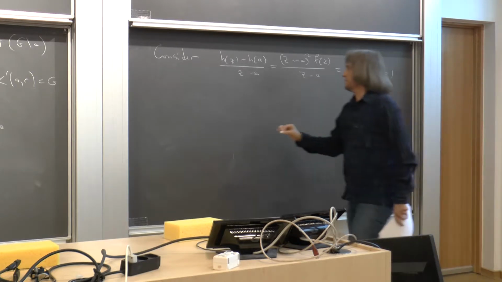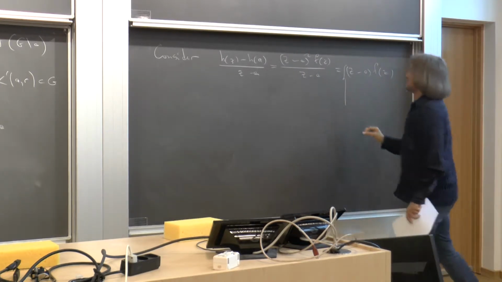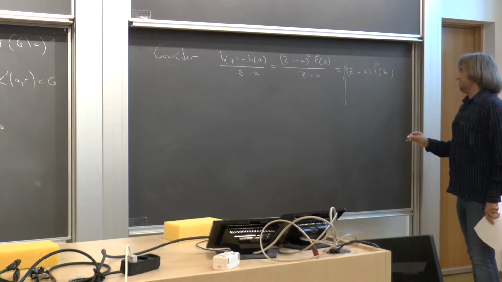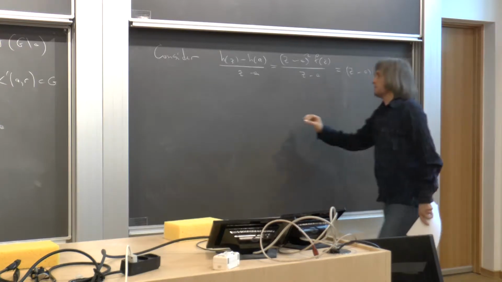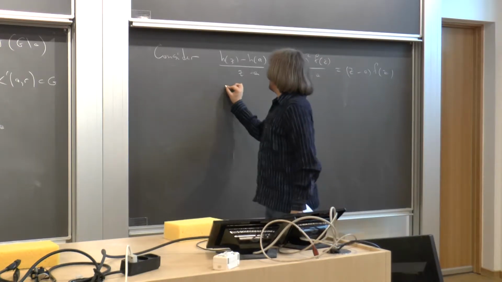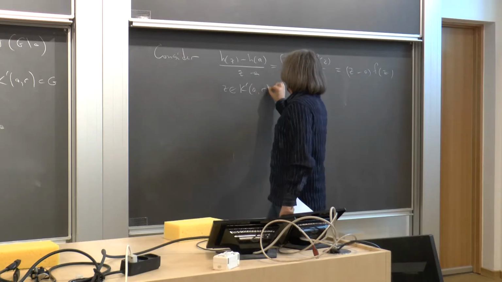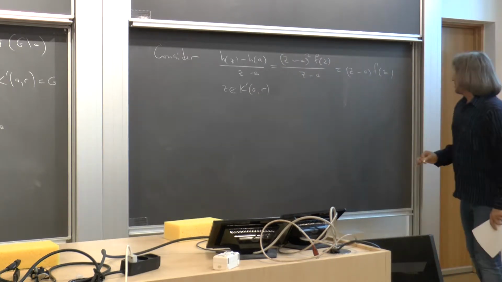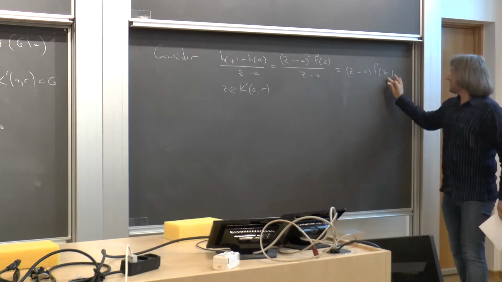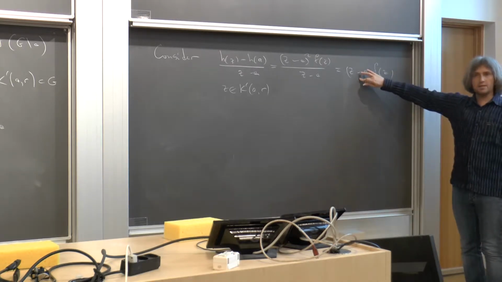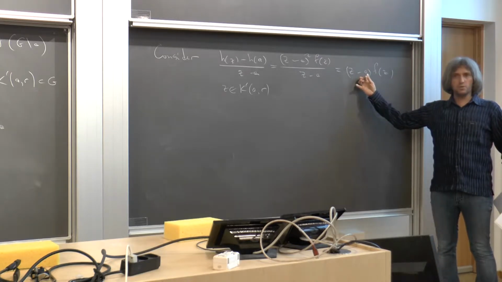The first factor is bounded, and the second factor has a limit equal to 0 when z tends to a.